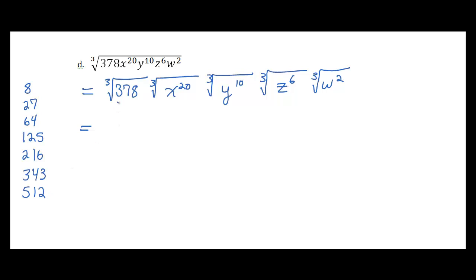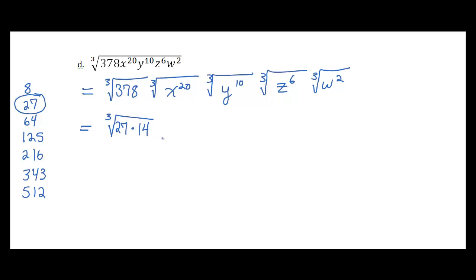And so to simplify this, I want to find the largest perfect cube that goes evenly into 378, all right? This is one where you probably want to get your calculator. But you'll find that 27 times 14 will give you 378. And so I'm going to write this as the cube root of 27 times 14.